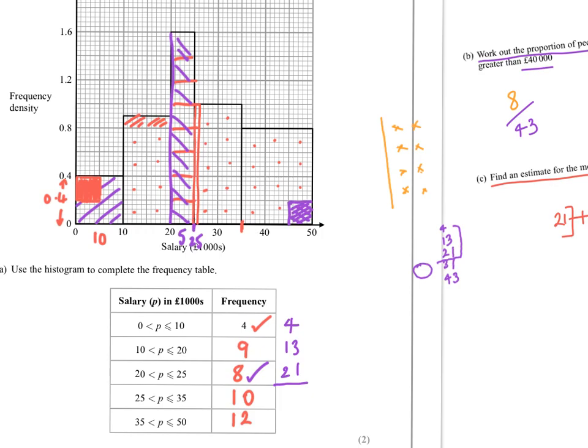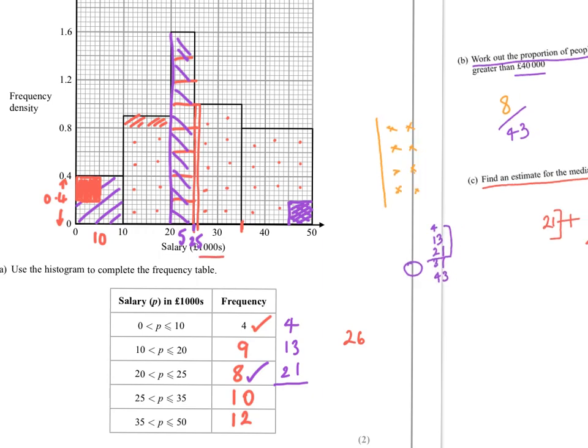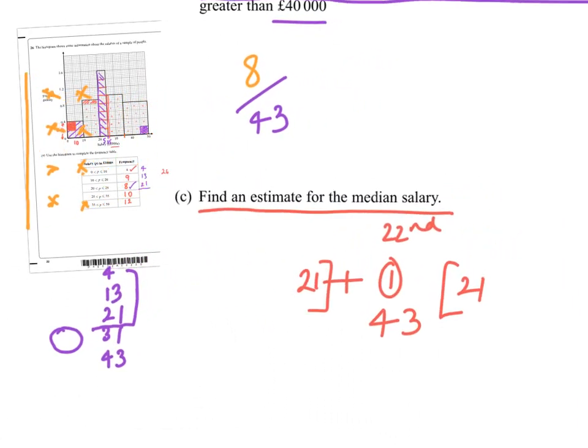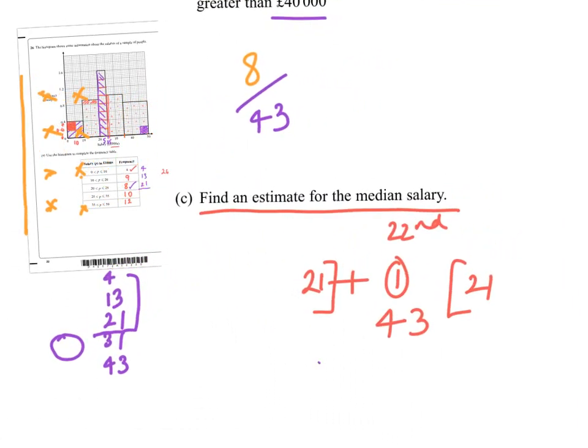Then all you do is read that off on the scale, and you're not at 25, you're now at 26. So if you're at 26, it's in thousands. So the answer I'd put here is £26,000. Sorry if that was a bit of a mess, and I'm sure you'll do it a lot neater in your exam. So let's go on to the next one.